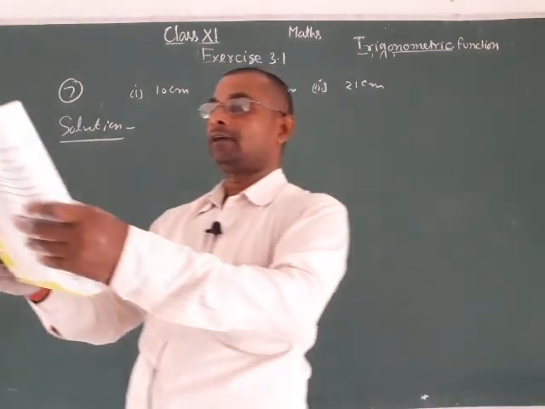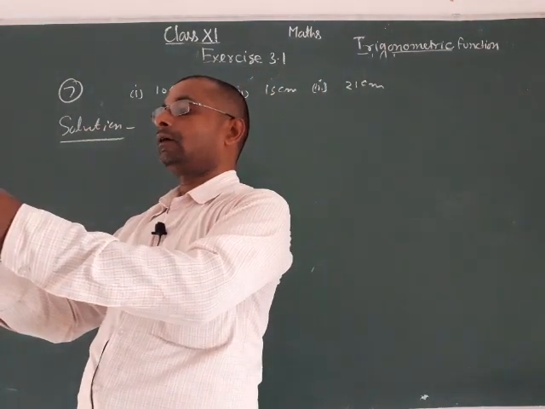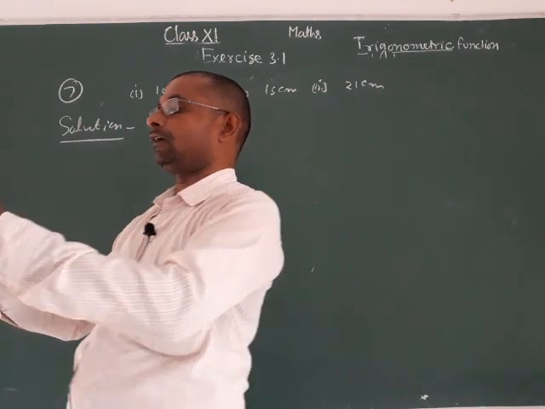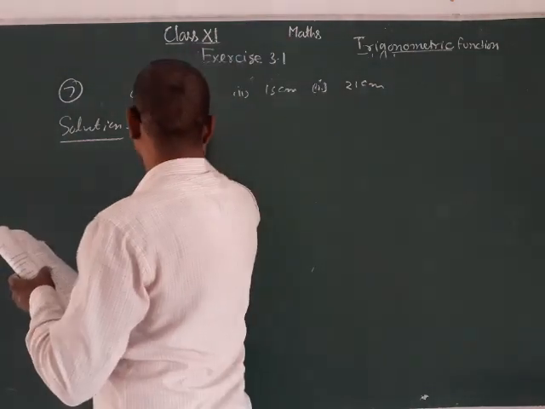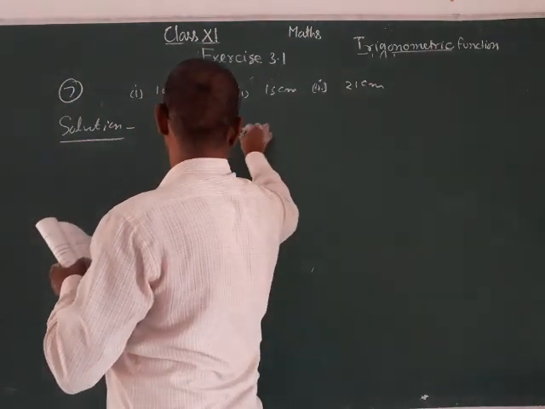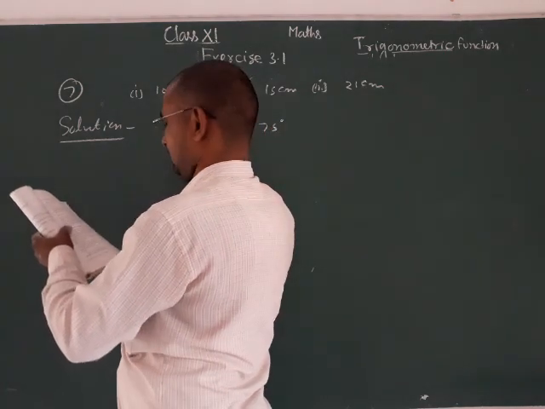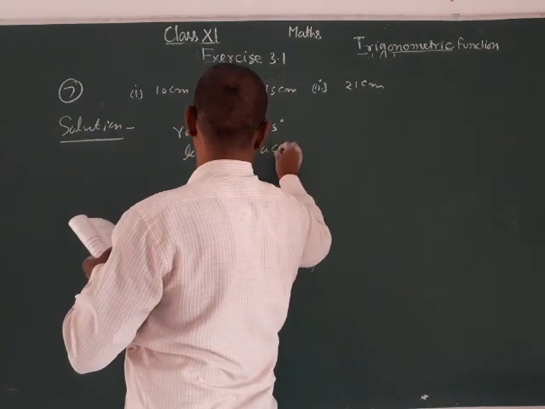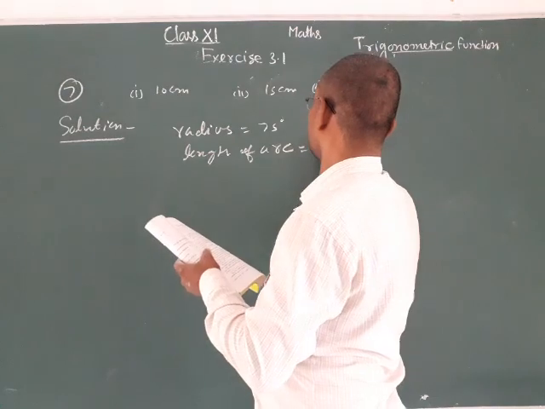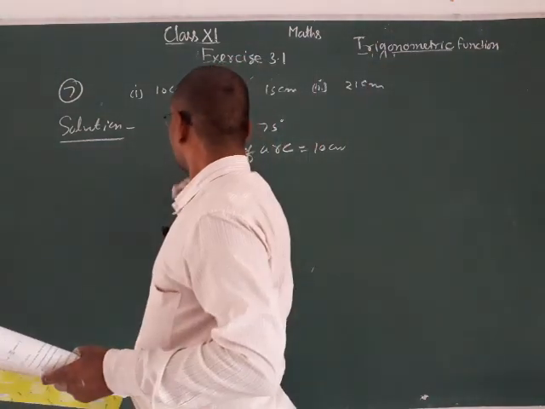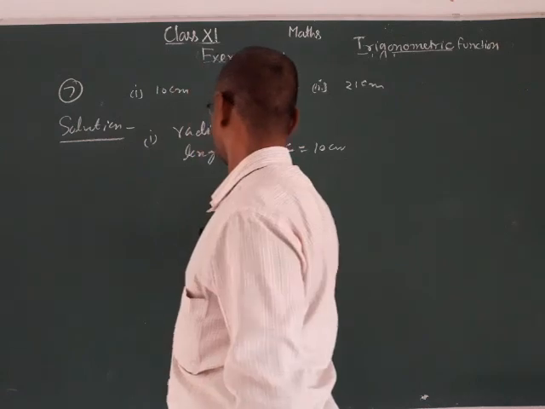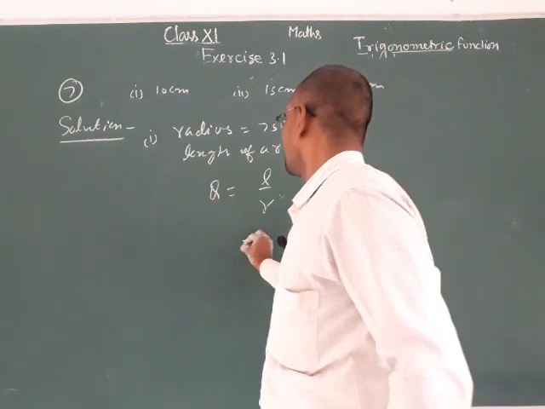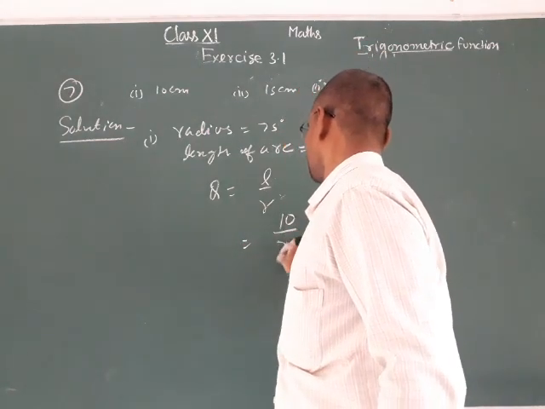Question number 7. Find the angle in radian through which a pendulum swings if its length is 75 centimeter. So radius is equal to 75 and length of arc is equal to 10 centimeter. So part first, theta is equal to L upon R. So now put here L 10 upon 75.